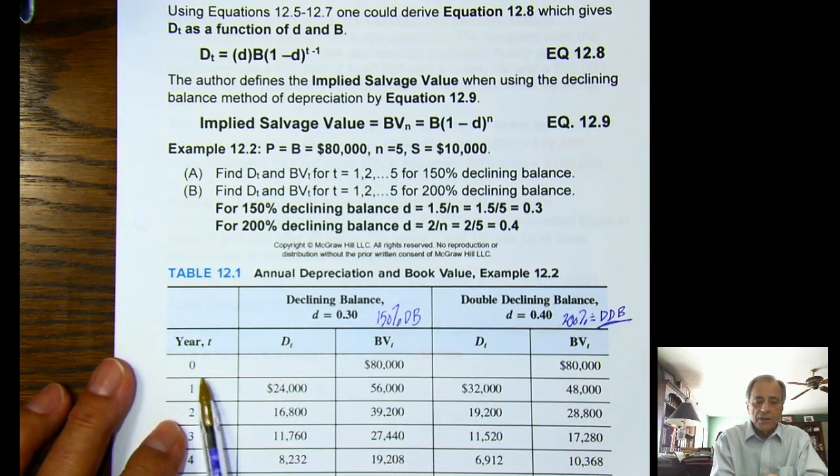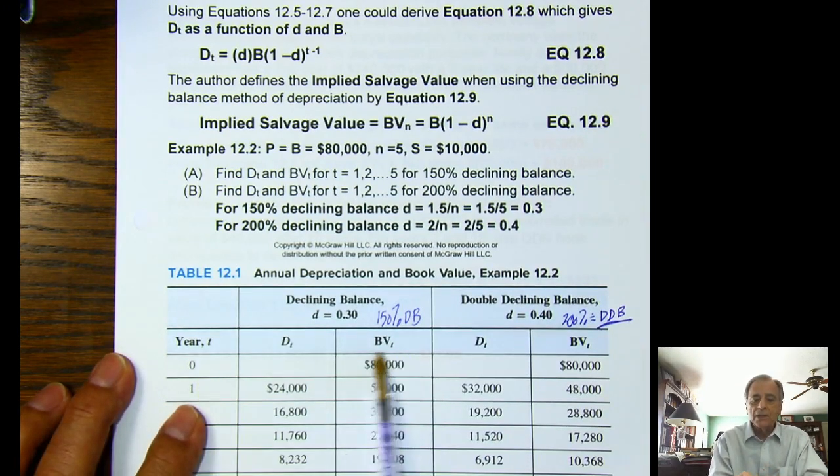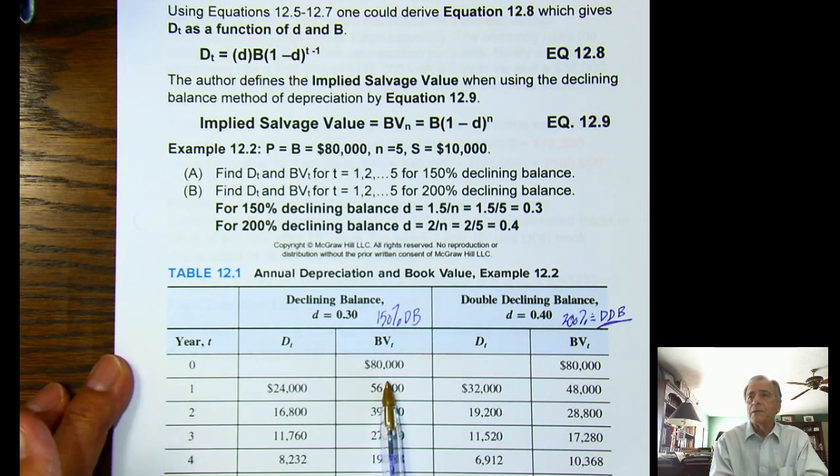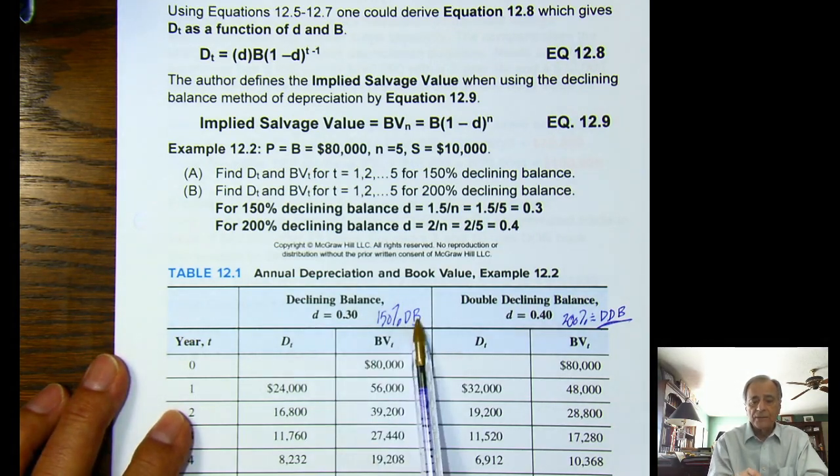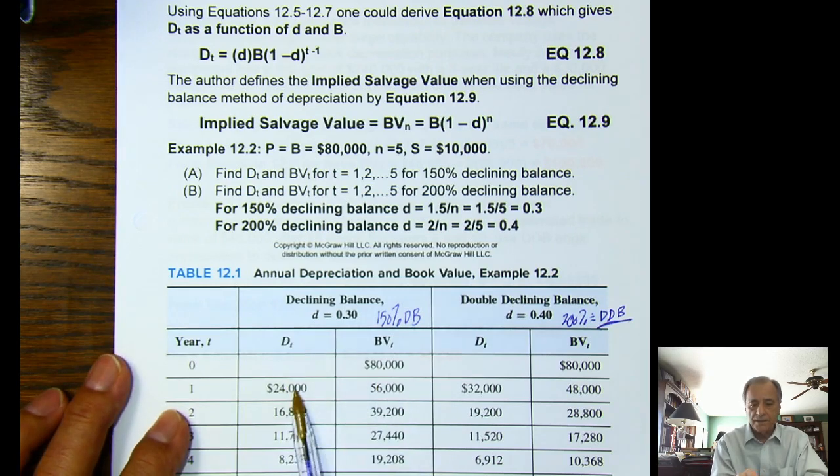So let's start at time 0. When we first install the equipment, the book value is B, okay, BV sub 0 is B, and that's $80,000. Well, the first year we get to take 30% of that value as the depreciation. So that's 30% of 80,000, which is 24,000. So if we depreciate 24,000, what's the remaining book value? It's 56,000. This minus this equals this.